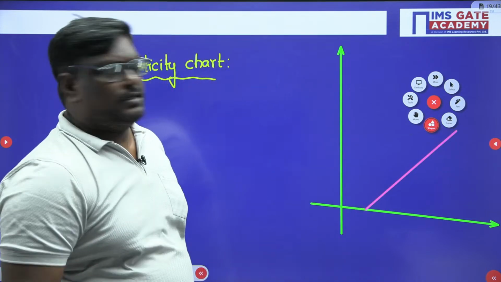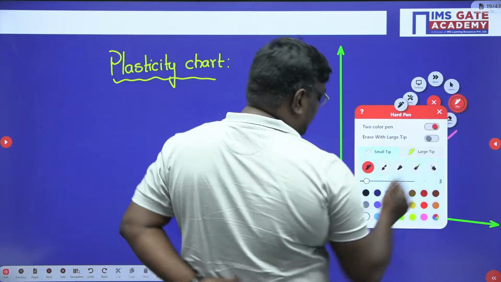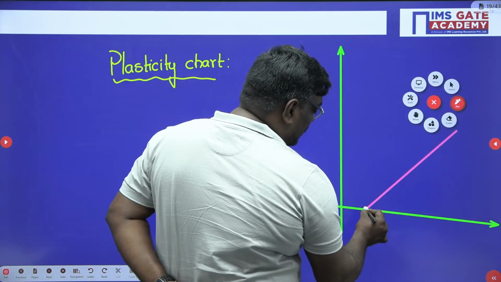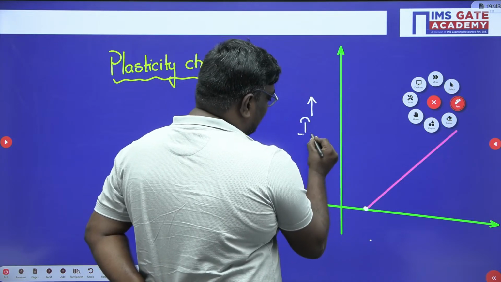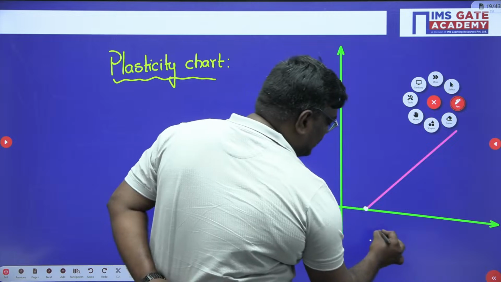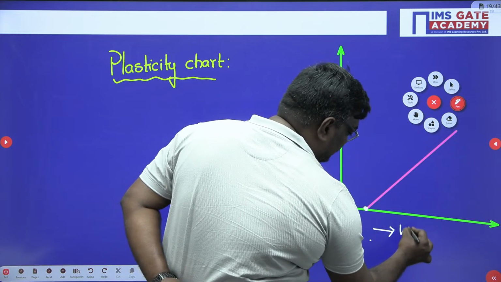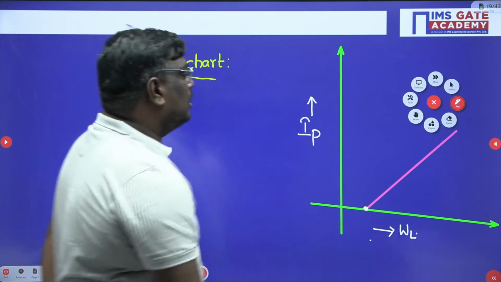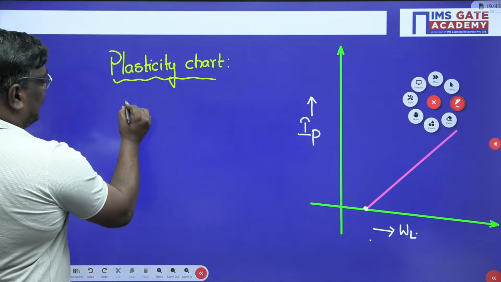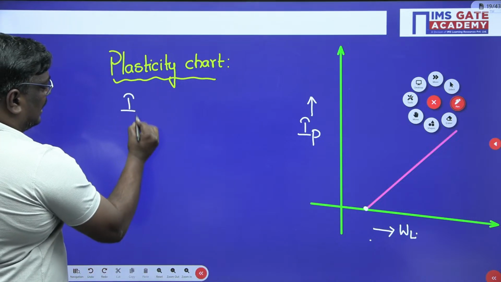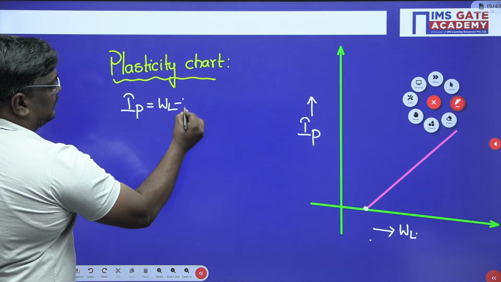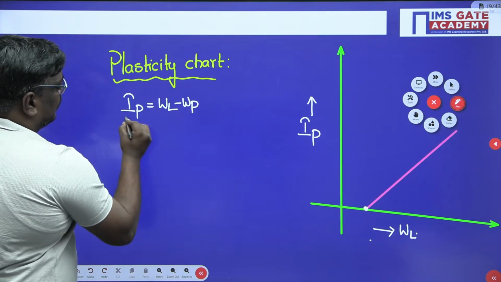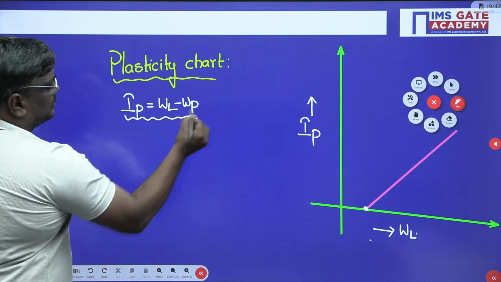Now see, students, this is a graph drawn between plasticity index IP and liquid limit. What do you mean by plasticity index? IP is nothing but WL minus WP. What is WL? Liquid limit. What is WP? Plastic limit.